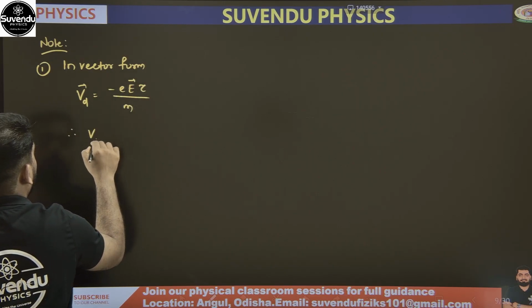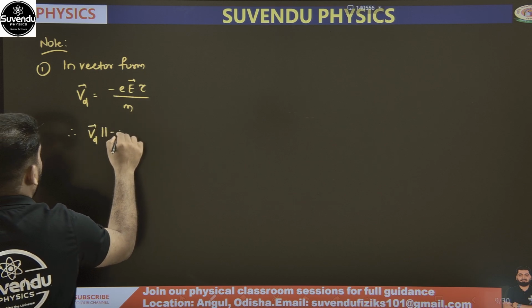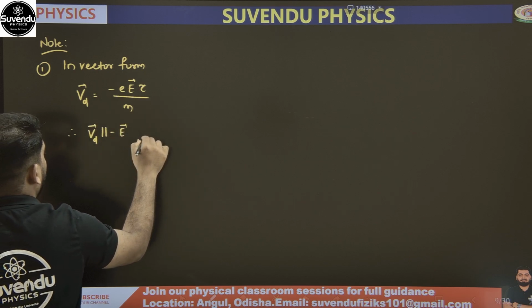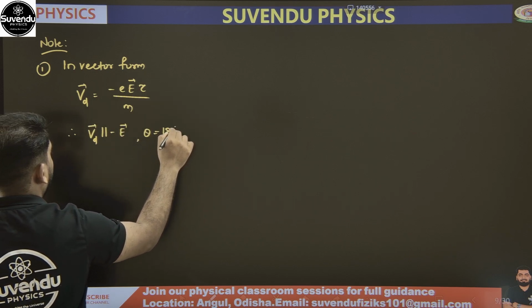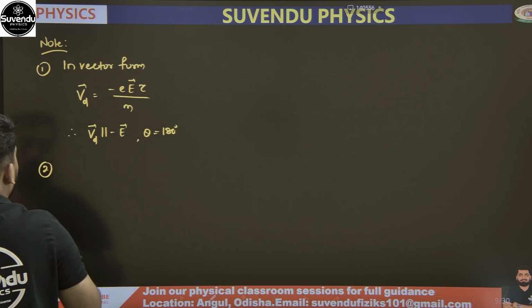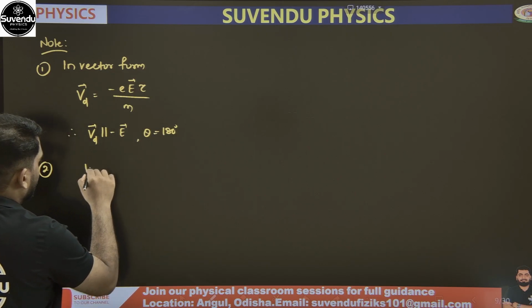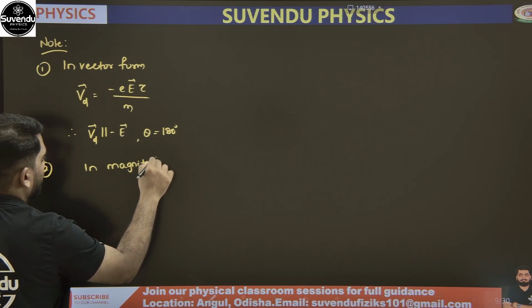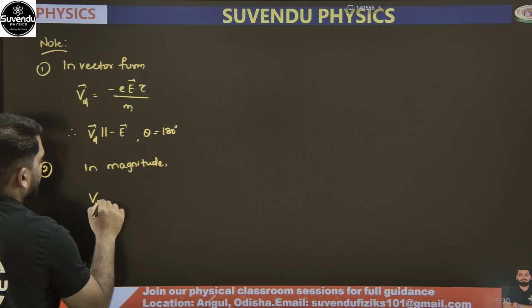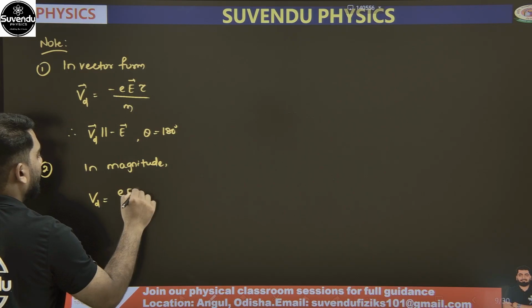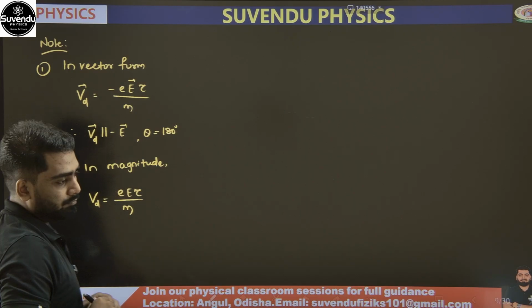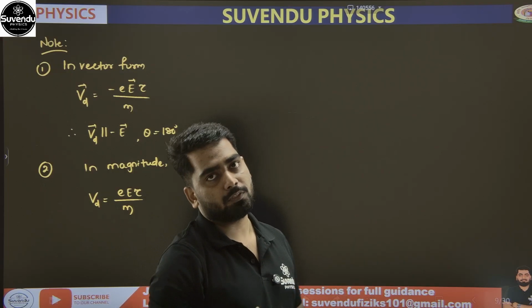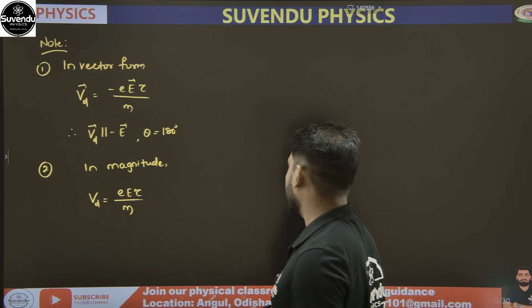Thus, Vd vector is anti-parallel to E vector, so theta between them is 180 degrees. Then the second point, in magnitude, Vd is equal to E capital E tau by m. This is the magnitude of your drift velocity.